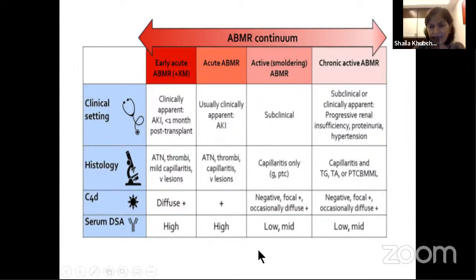It is these cases that we worry about, because your serum DSA levels could be very low. Your C4D is not what a pathologist is happy to see: nice circular rings of well-demarcated peritubular capillaries. With just one area somewhere positive, you're always in a dilemma.